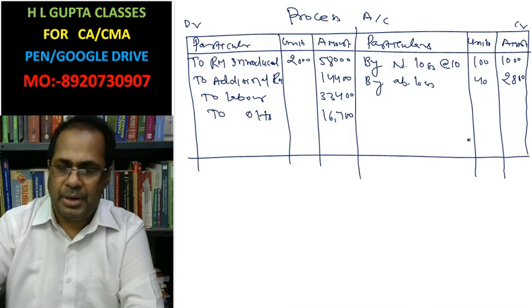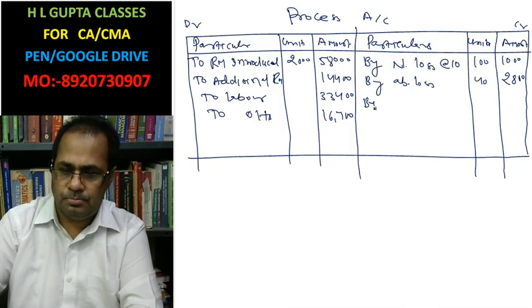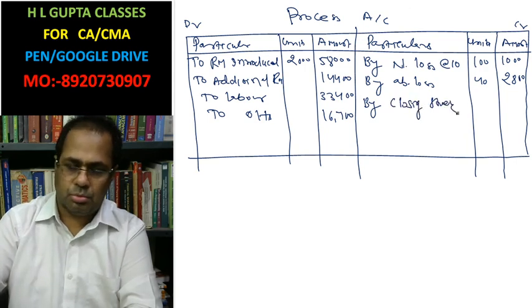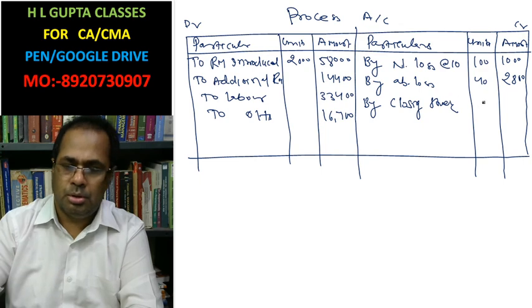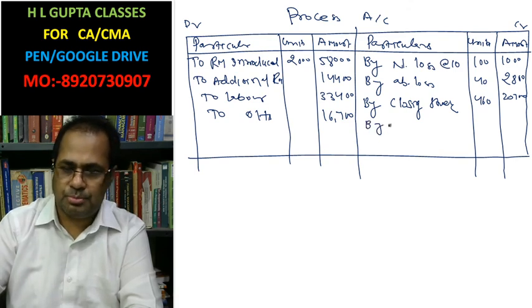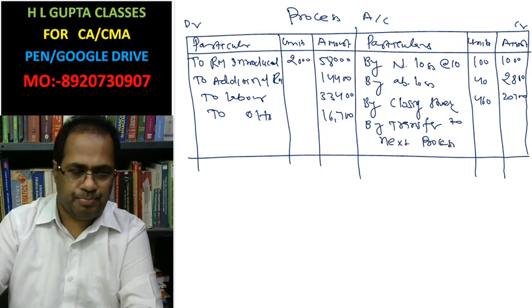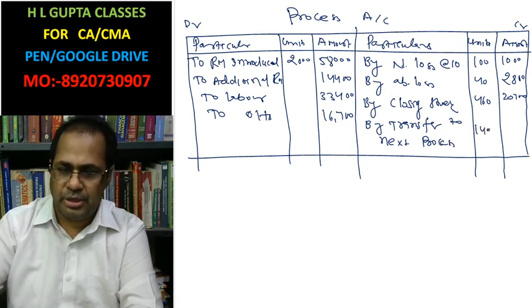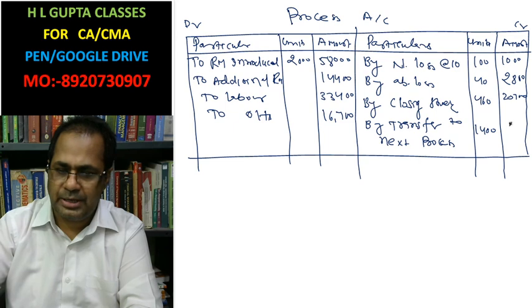Okay. By closing stock 460, its cost is 20,700. By transfer to next process, that is 1400 and its cost is 98,000.